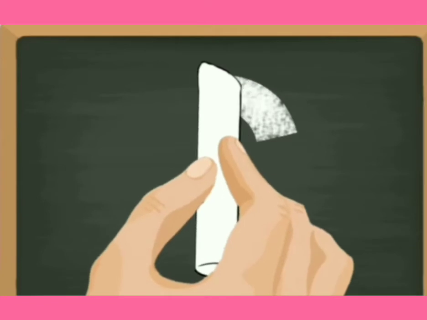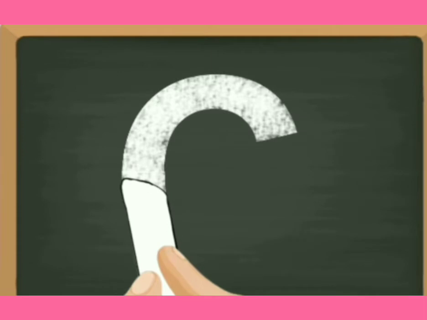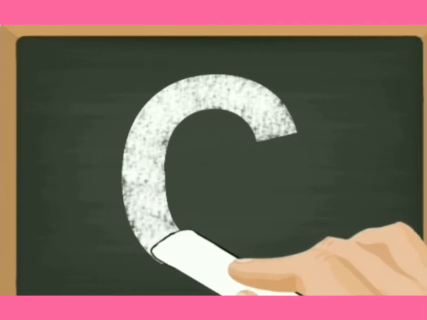Now we are going to learn how to write capital C and also simple C. Let us go through the video tutorial so that it will help you to write this letter very neatly. Shall we start the video tutorial? First, you have to draw a curve from top to bottom, like a round shape.